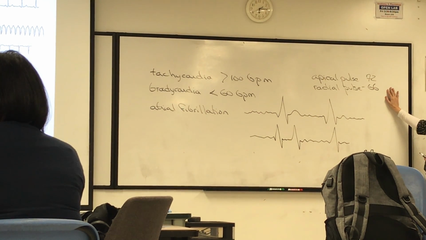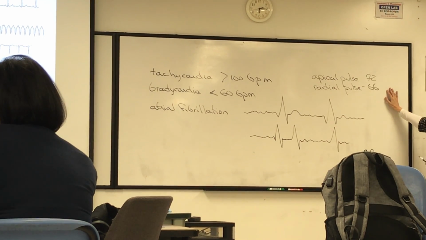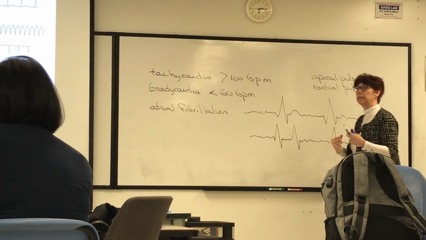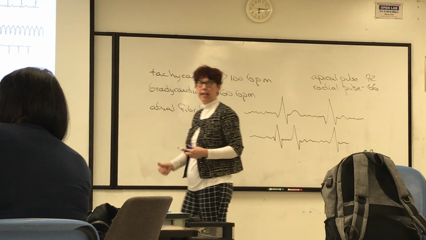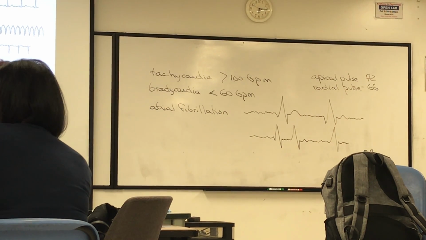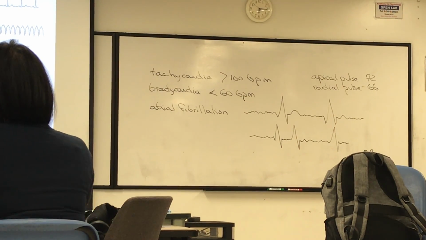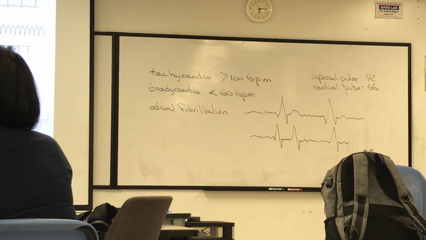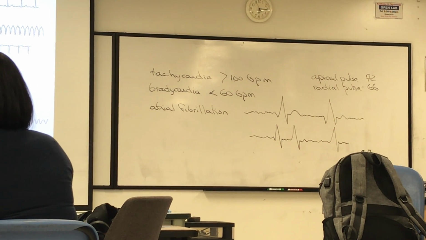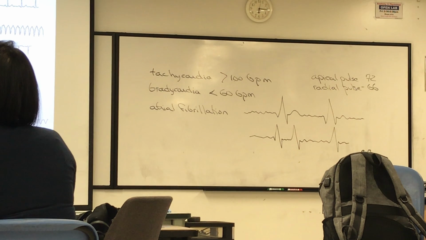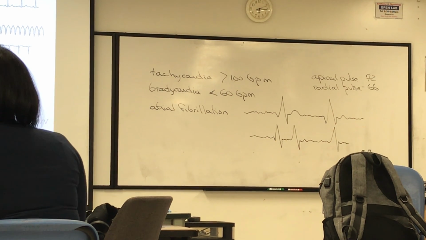Because over time, there's a greater tendency for blood to settle in the heart and result in blood clots, which can then move to the brain for strokes or cause pulmonary embolisms in the lungs. That's usually over a decade or 2 decades of having AFib before you see a result like that, okay? Ventricular fibrillation, however, is much more serious.